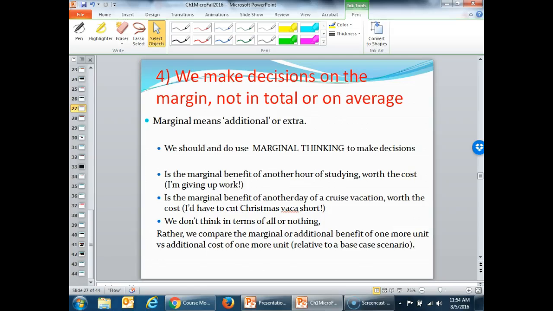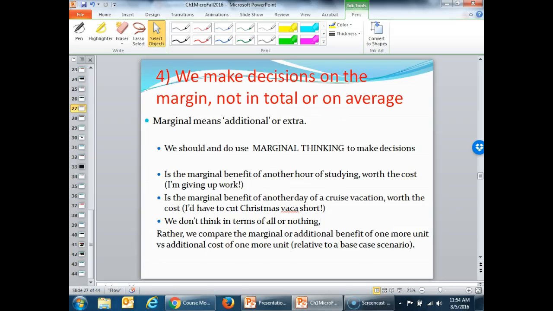How about, is the marginal benefit of another day of a cruise vacation worth the cost? Because I'd have to cut Christmas vacation short. Is it worth it? You're going to be looking at the marginal. Does that kind of make sense? We, in general, know that that is how humans make decisions. It's on the margin.